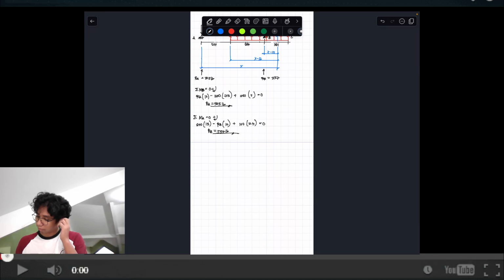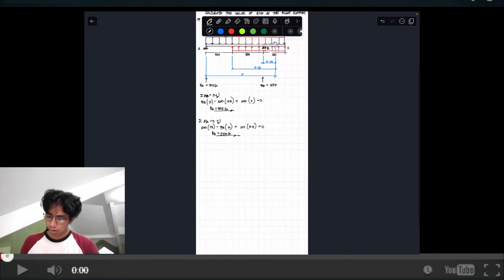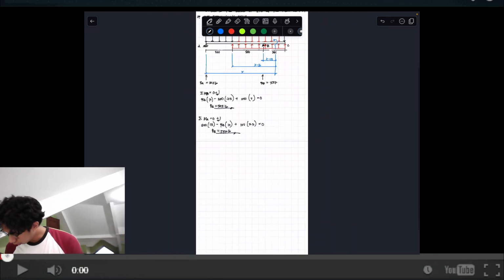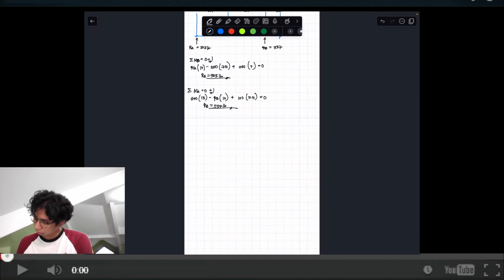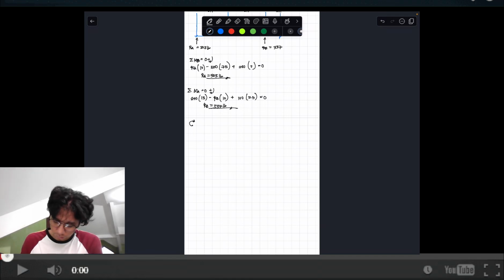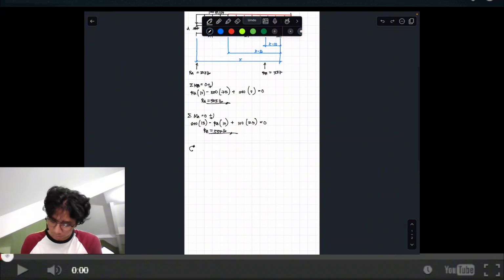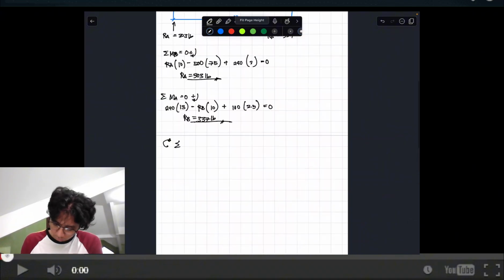Kapag mag-solve tayo for moment CD, segment CD will be summation of moment is equals to 0.